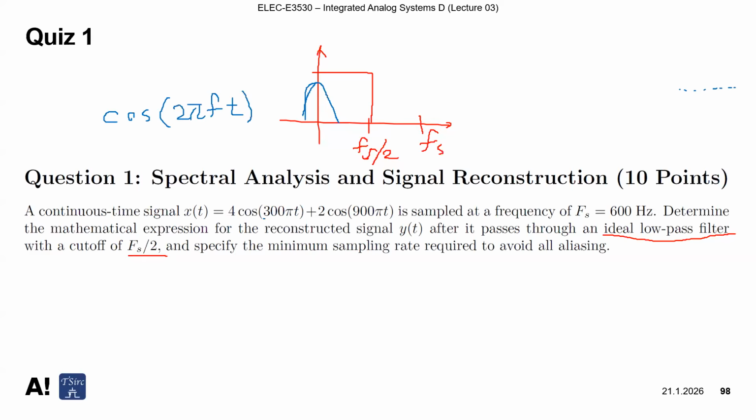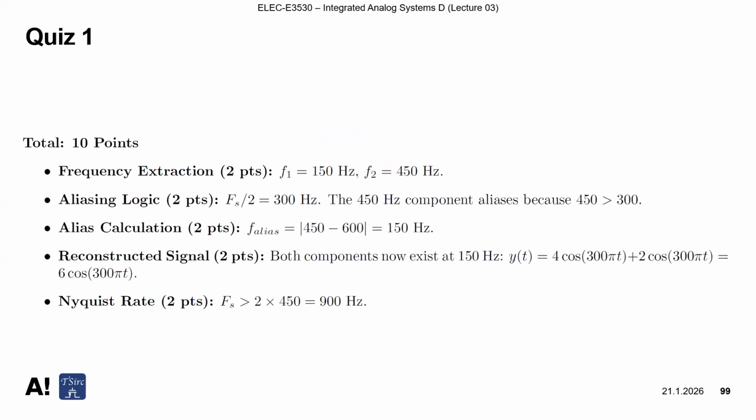So for this part, it goes to 150 Hertz, and for this part, 450 Hertz, by applying this 2 pi f t equation. Then it goes to 150 and 450.